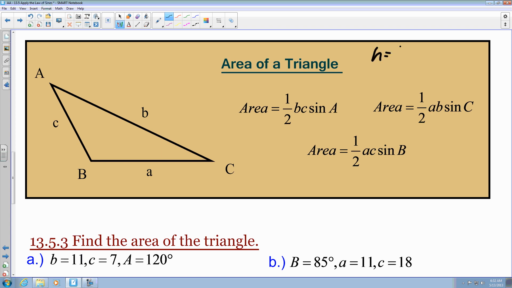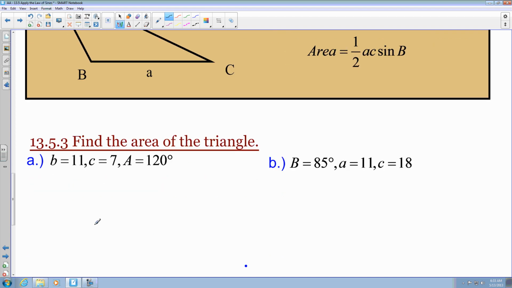It was B times the sine of A. Depending on what values you're given, that's how we're going to be able to find H using the area of a triangle, which was 1/2 B times H, the general formula that you've been learning either in geometry or in other algebra classes.